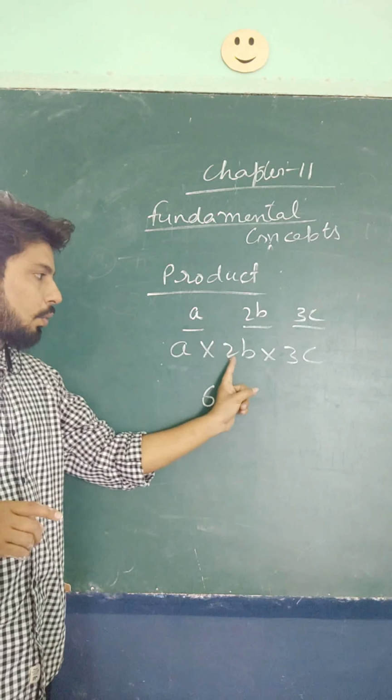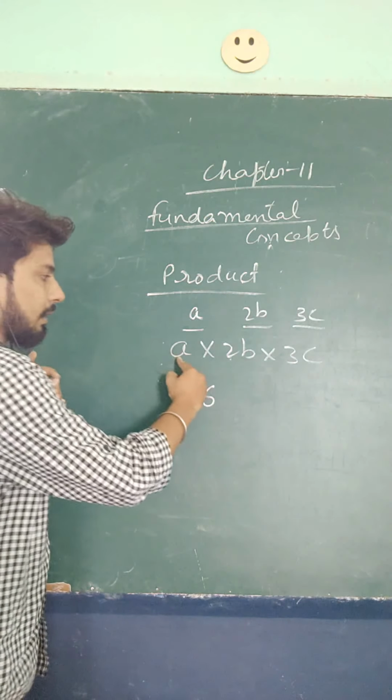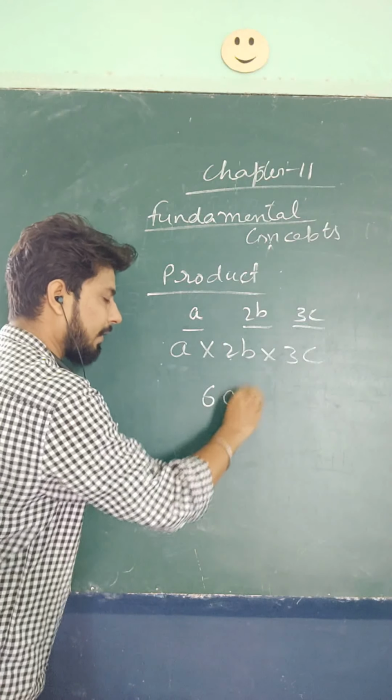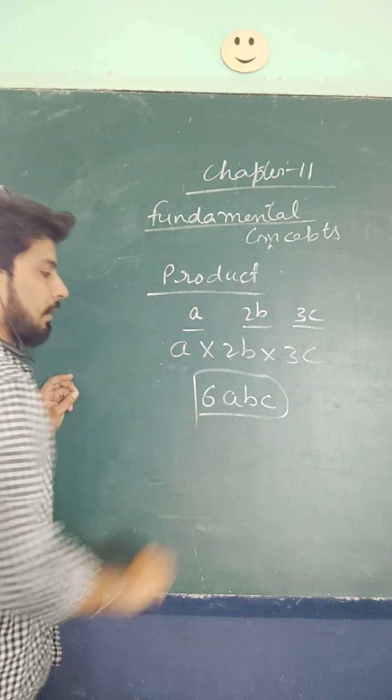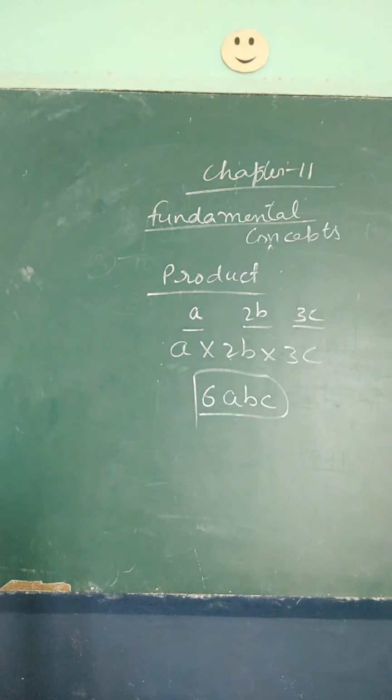Now a, b, c, so you will write abc. This is called the product of the terms.